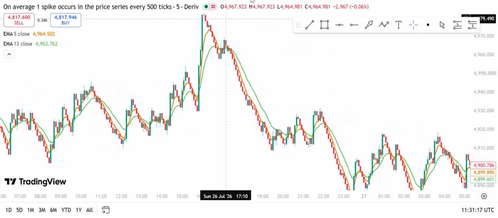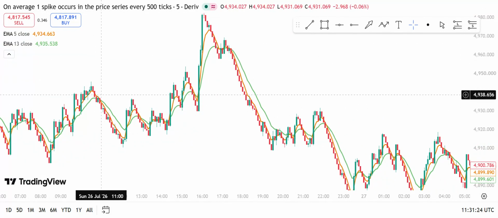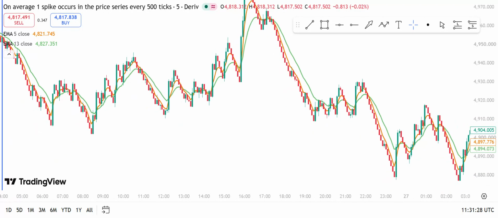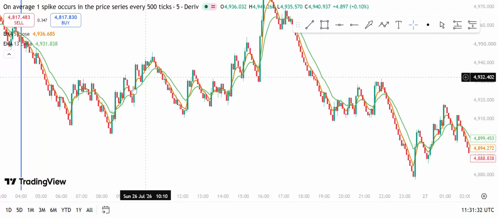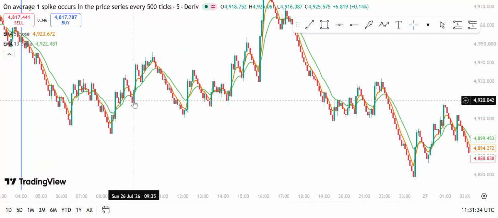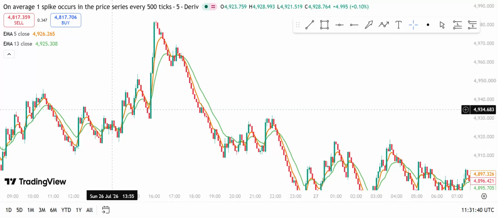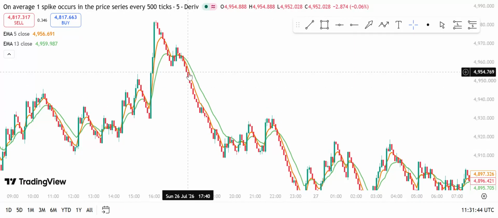So I would wait for this part here, and I will tell you why. Or better yet, I would wait for this part. But the problem is this part right here, my first TP is very close by because my first TP would have to be here. So I would first wait for the market to go higher and higher before I can actually do something.